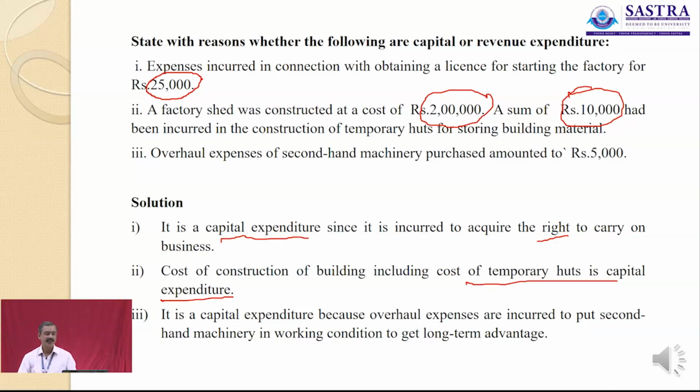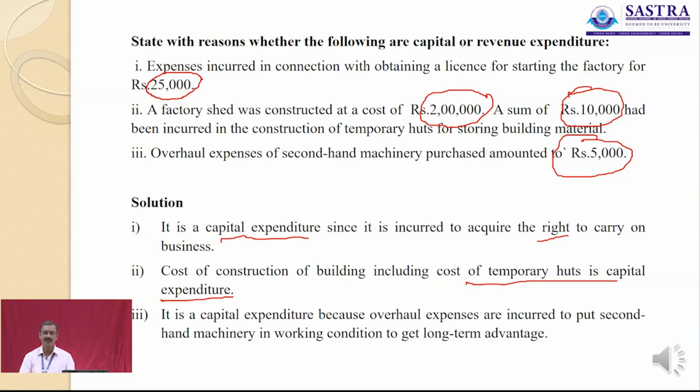The third item is the overhaul expense of second-hand machinery purchased, amounting to rupees 5,000. This is an overhauling expense. When you incur this expense, overhauling will enable the asset to be used for more than one accounting period, or for some longer period.